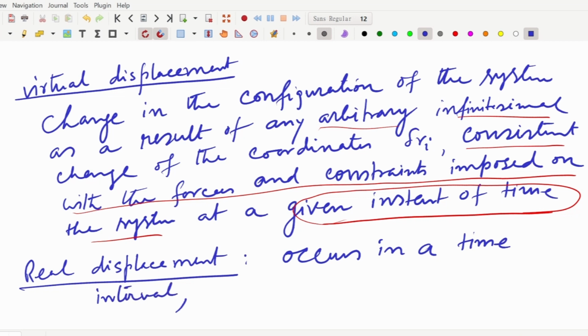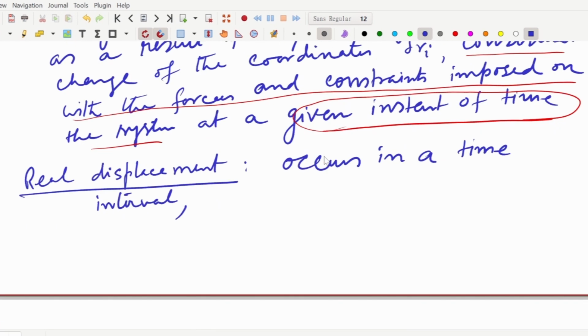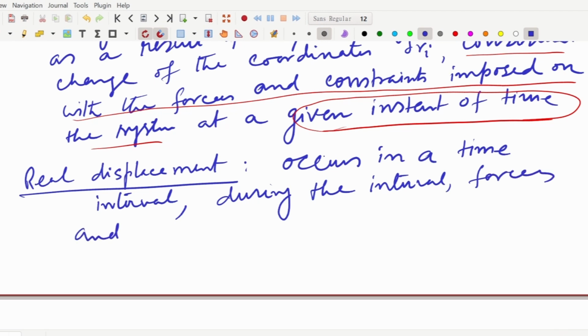But during that interval, the forces and constraints can be changed.